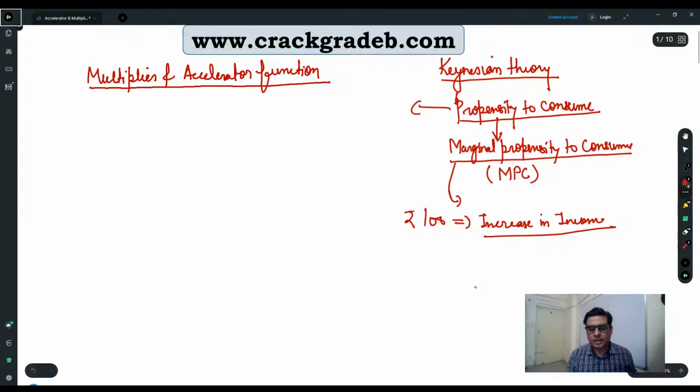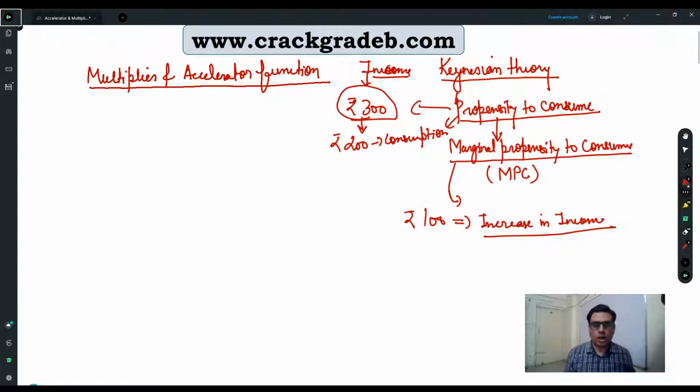Suppose a person's income is 300 rupees per day, and out of this 300 rupees he is consuming 200. 200 is the consumption, so it reflects the propensity to consume. Out of 300 rupees, he is able to consume 200, right?